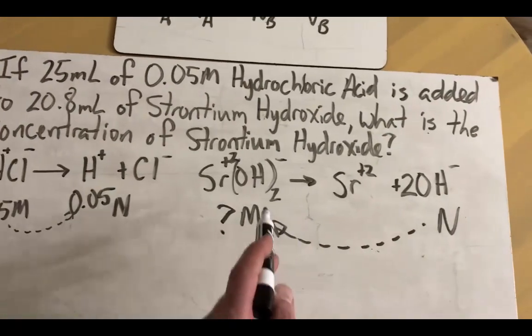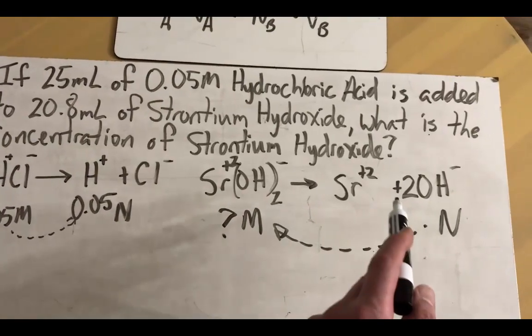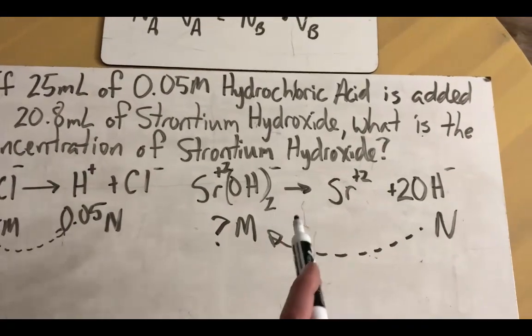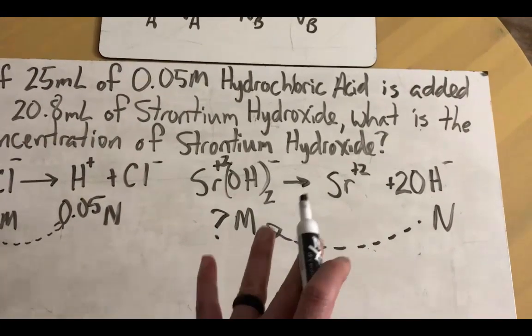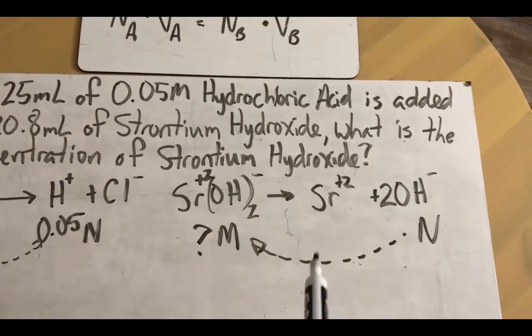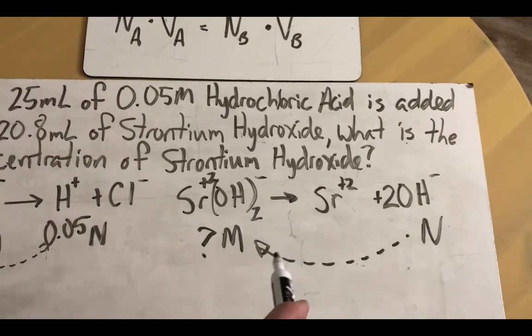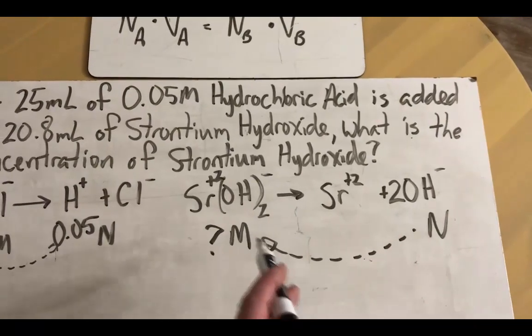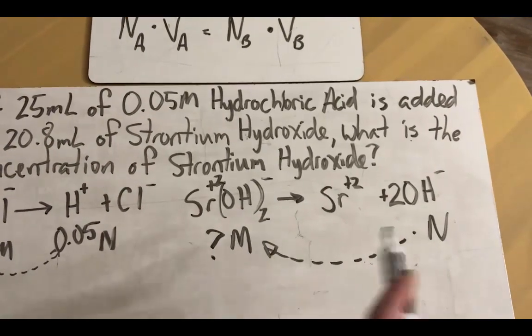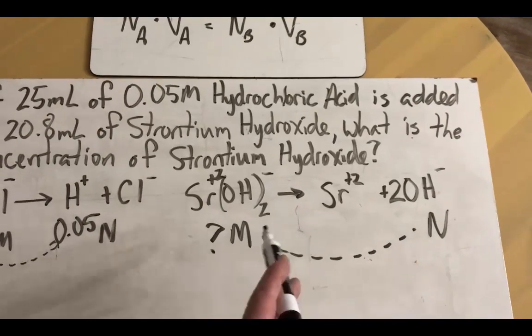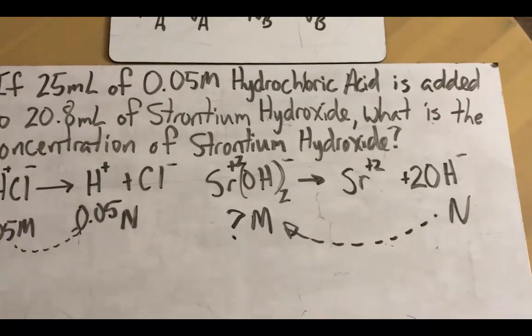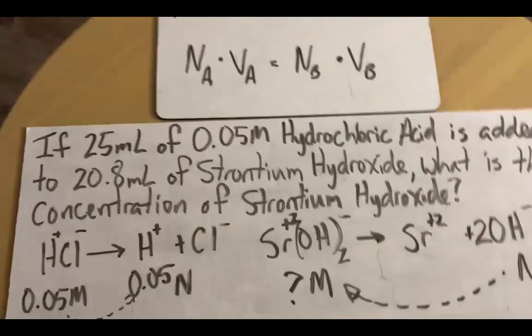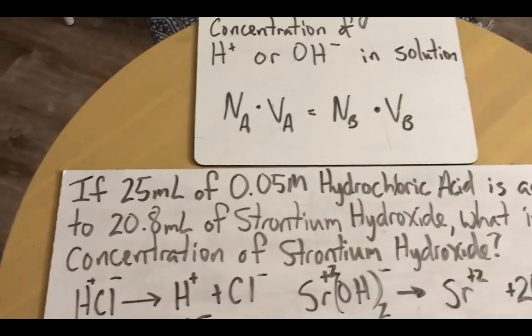If I'm going this way, backwards, I'm going to be dividing if you need to. I'll just let you off the hook. The sample questions or the questions we have on the homework, you do not need to divide, but I want to show you this because these two things, normality and molarity, are not the same thing, okay?